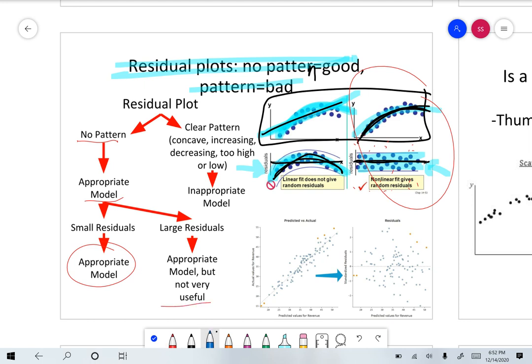On the other hand, if there's a clear pattern, so you have a curve of some kind in your residual plot, okay, maybe it's a squiggly or something, some kind of pattern, it means that whatever model you chose, so let's say you chose a linear model for data that was actually exponential, it means it was the wrong model.